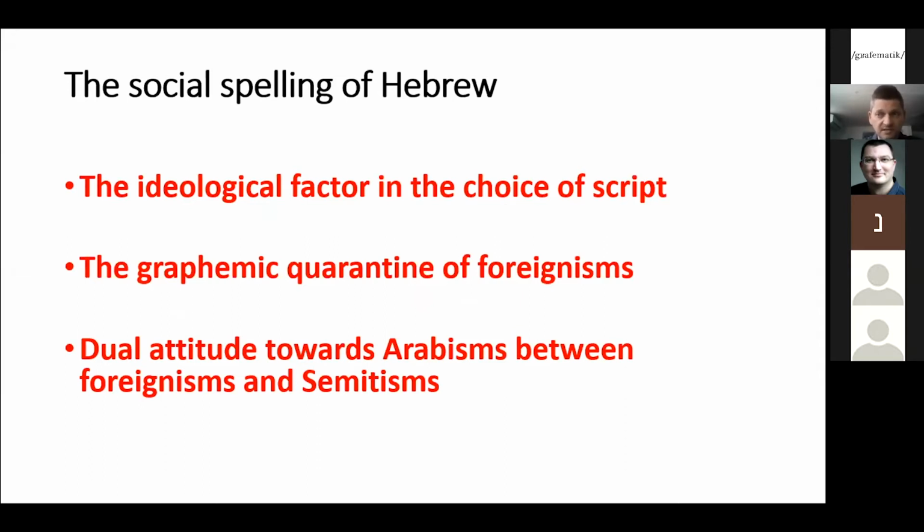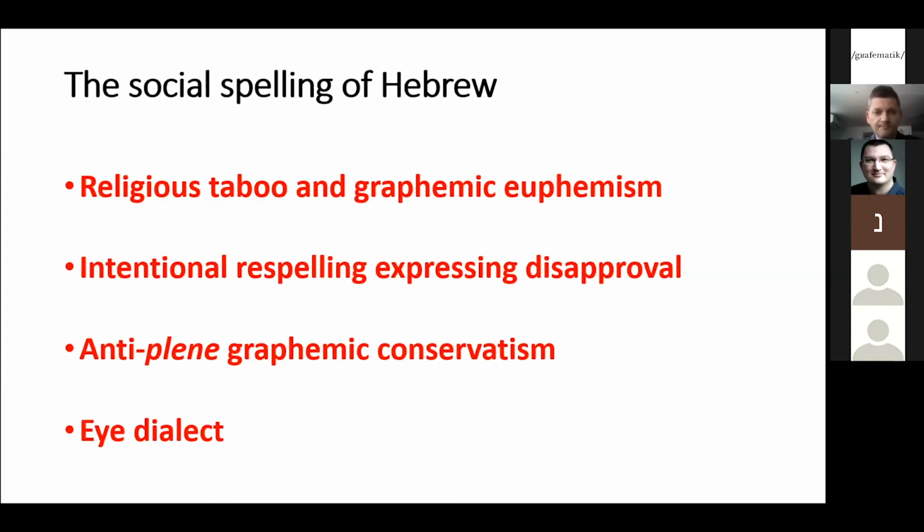Does it mean that they enjoy graphemic treatment that's different or the same? We'll see that. The graphemics of religious taboo: how do you use euphemism in graphemics when the term is a religious taboo? We'll see that.